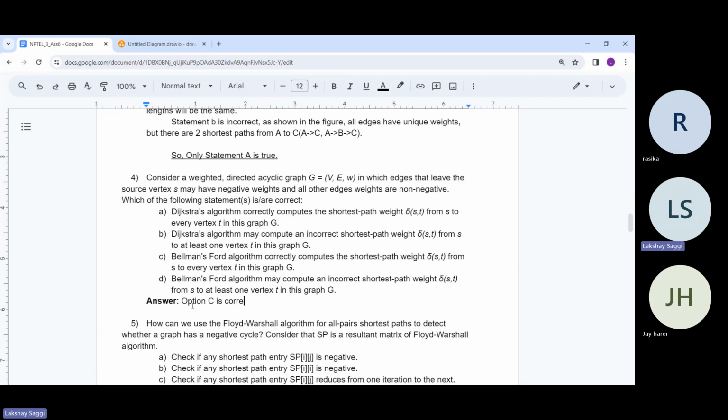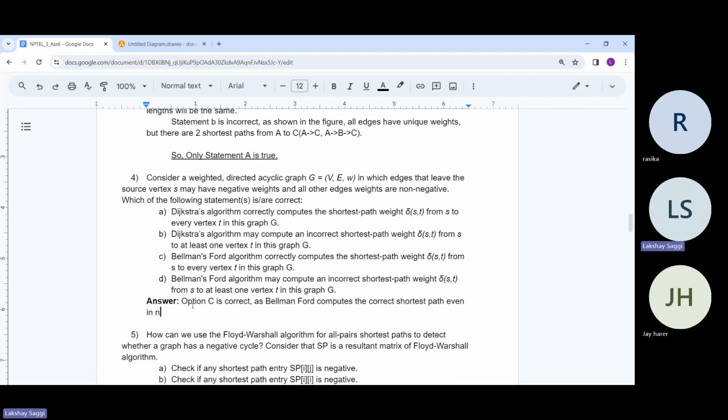And why is this correct? As Bellman-Ford always computes the shortest path, even in negative weights. Bellman-Ford computes the correct shortest path even if the graph has negative weight edges.